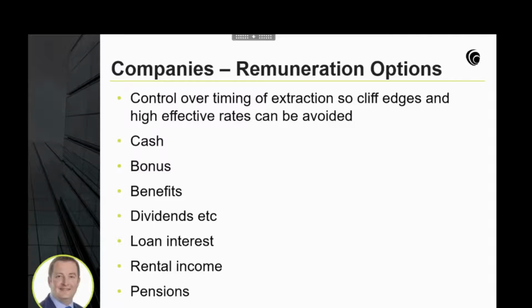As I say, the various other forms of remuneration: cash and bonus, salary essentially, benefits in kind, dividends, loan interest, perhaps if you've advanced money to the corporate entity, rental income if the company is using a property that you own personally, pension contributions, i.e. employer pension contributions, and in limited circumstances making loans to the owner-manager is an option, although that's itself subject to anti-avoidance.